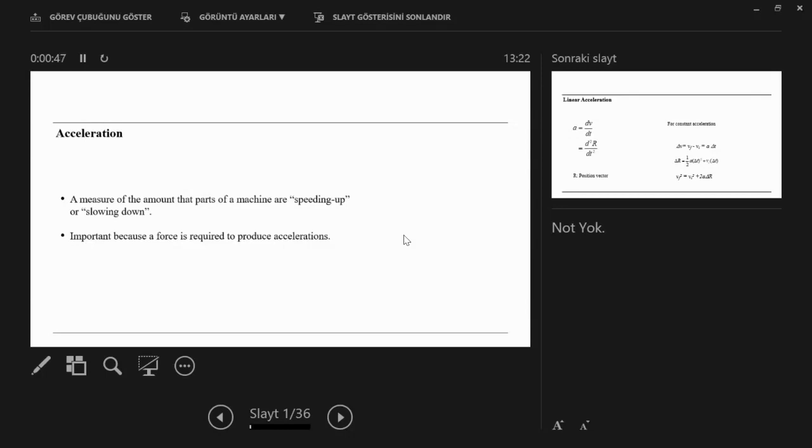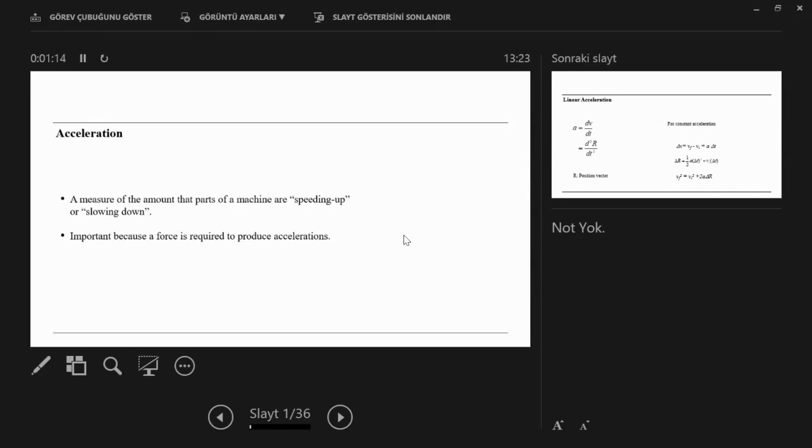Now we will discuss the acceleration. We are talking about the 4-bar mechanism, a general 4-bar mechanism. We learned how we can design a mechanism for given expectations.